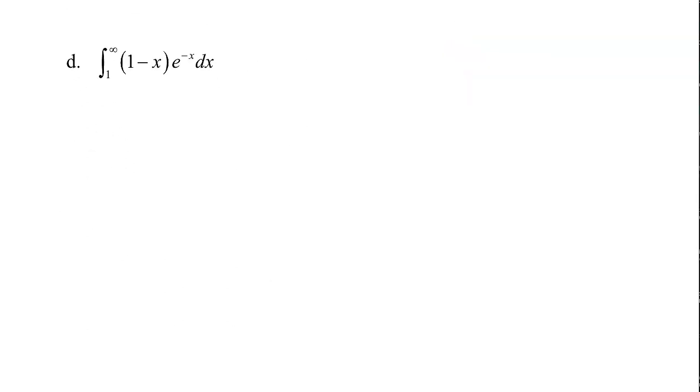Okay, part D here. So this one I have the infinity. There's no denominator. Technically there is, right, with the e to the x, but that's never going to be equal to 0. So I'm not going to worry about that. I'm not even going to rewrite it, because I'm thinking that I'm probably going to do integration by parts here. So I will want to rewrite this.